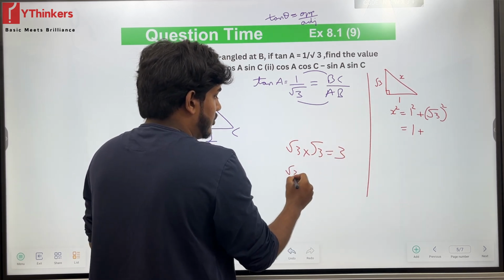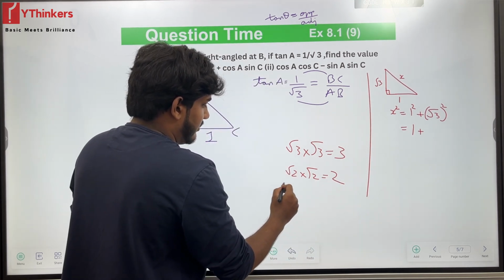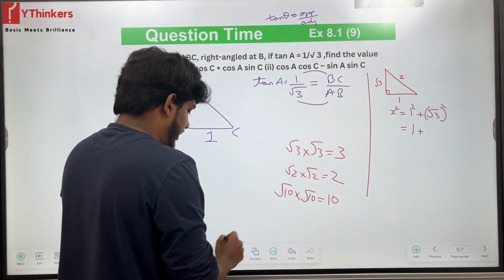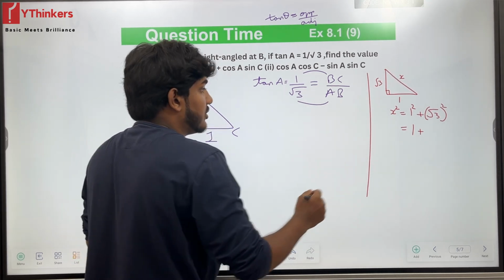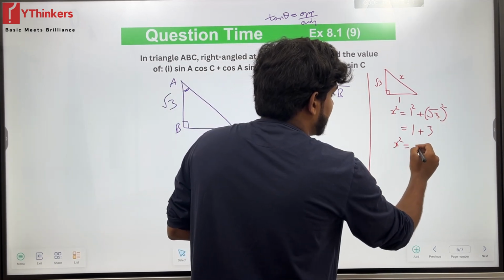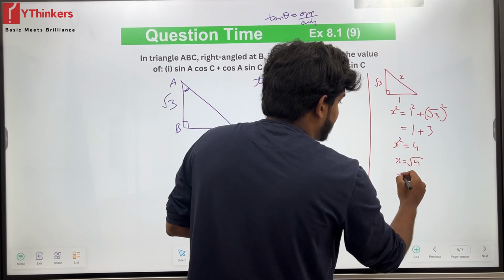Root 2 into root 2 is 2. Root 10 into root 10 is nothing but 10. You need to know this, because you're squaring the root term. So root 3 square is nothing but 3. So can I write x square is equal to 4, x is equal to root 4, x is equal to 2.